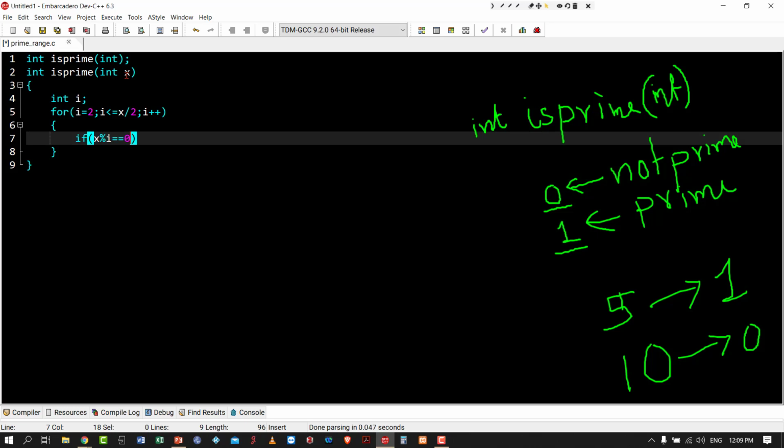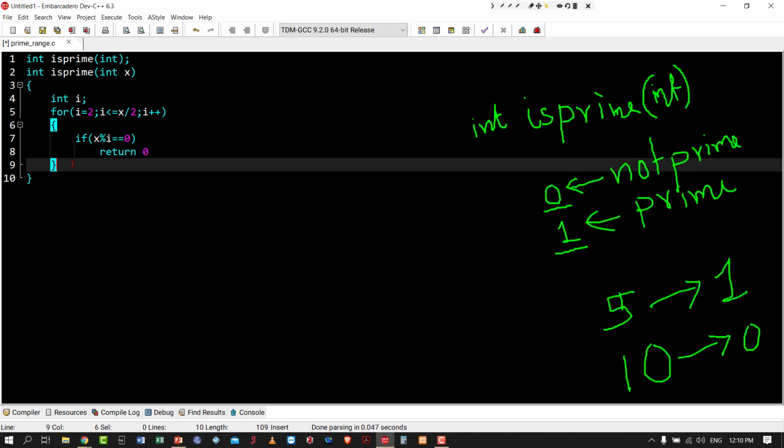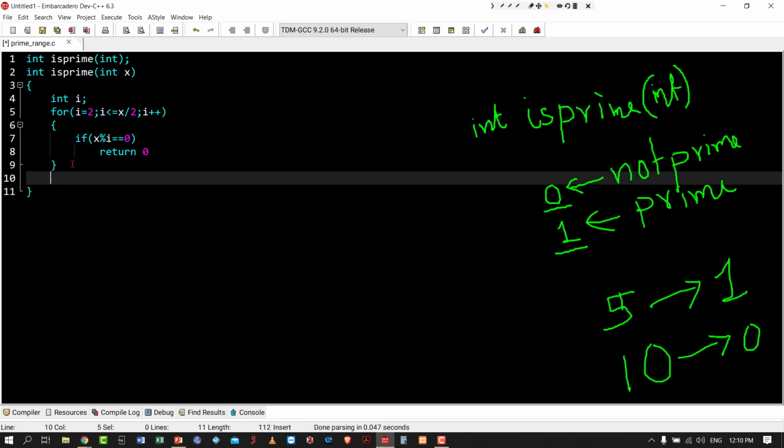So you just write return 0. Return 0 means the control will go out of the function. Any statements written below will not be executed. So here I will write return 1.